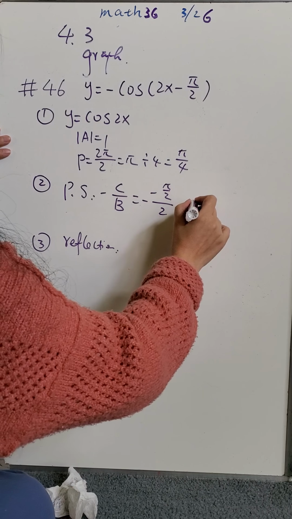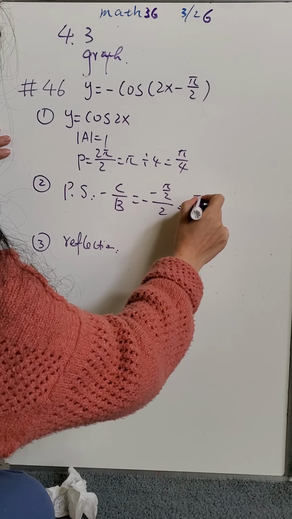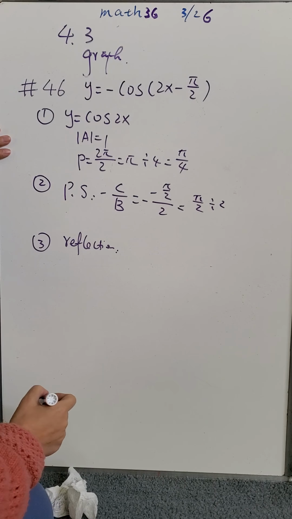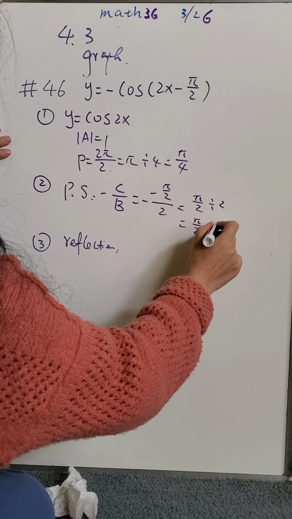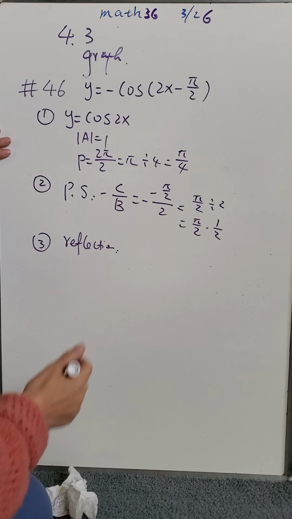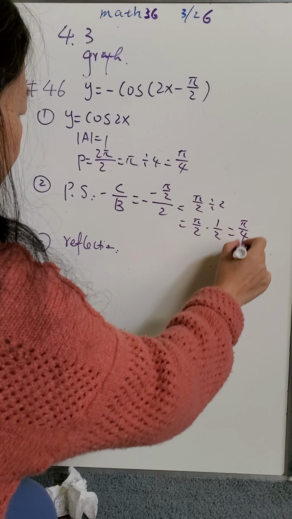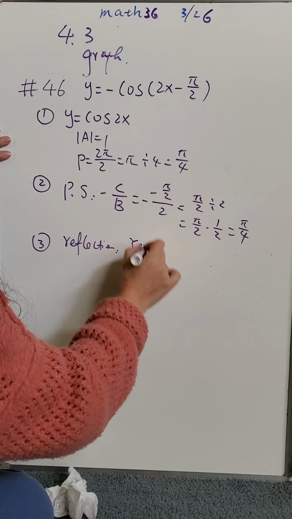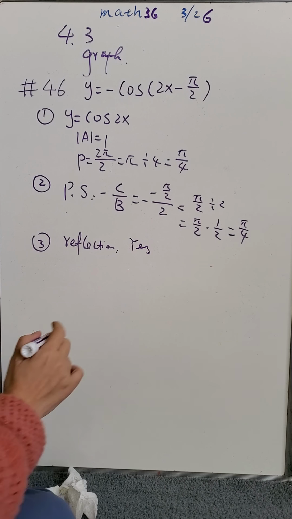The two negatives become positive here. So that means pi over 2 divided by 2. That's same as pi over 2 times 1 over 2, because division is multiplication by the reciprocal, so that's equal to pi over 4. Reflection, the answer is yes, because of the negative, so when you graph it, watch it, make sure you don't forget.